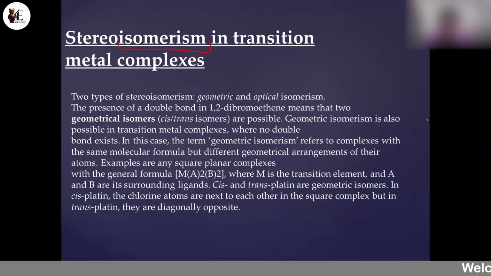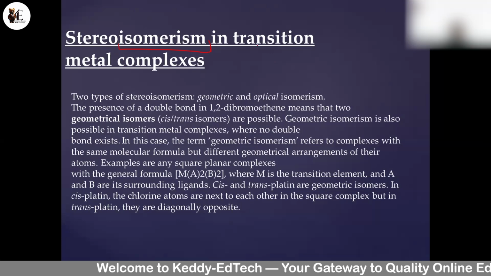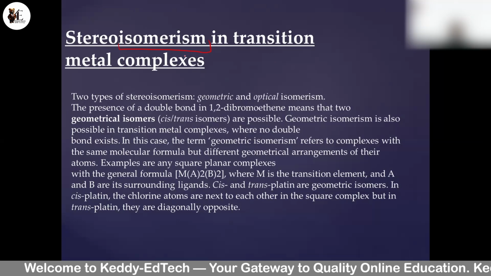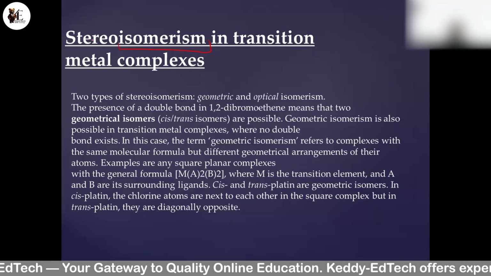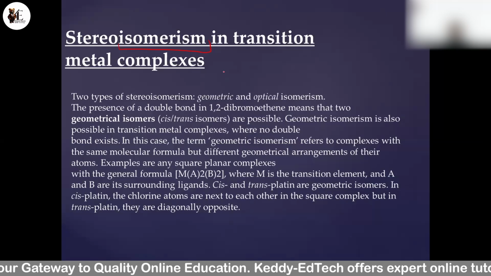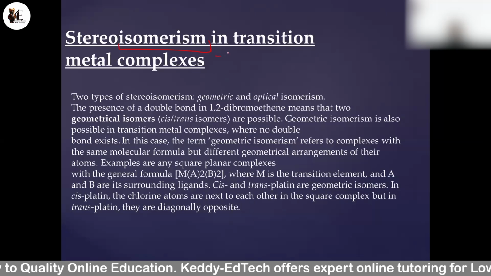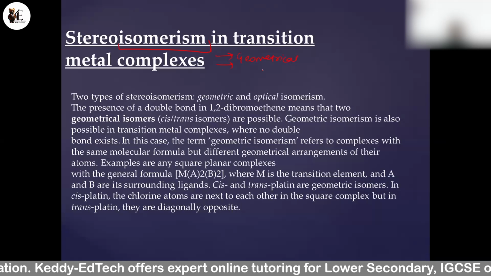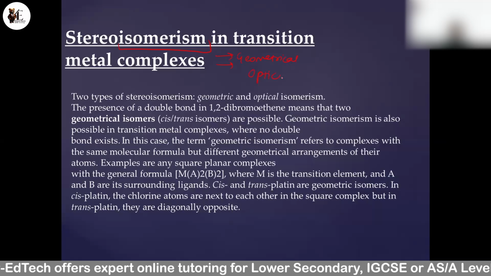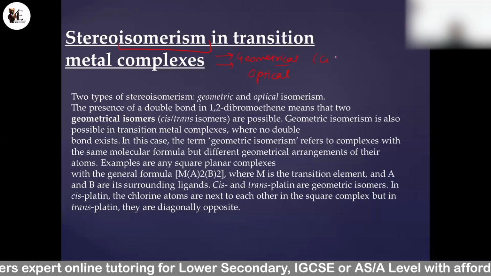One is structural and one is stereo. So in coordination metal complexes, we study the stereoisomerism. There are 2 types of stereoisomerism: one is geometrical and one is optical. It is very easy. Geometrical means cis-trans isomerism.